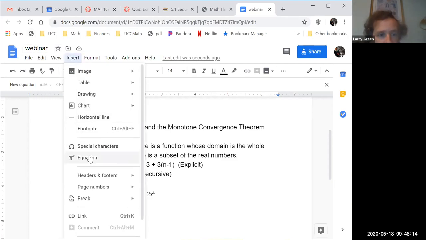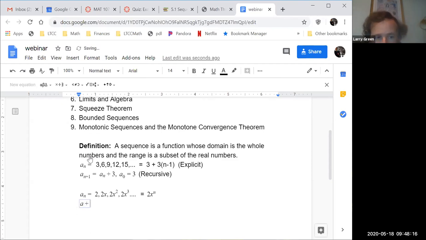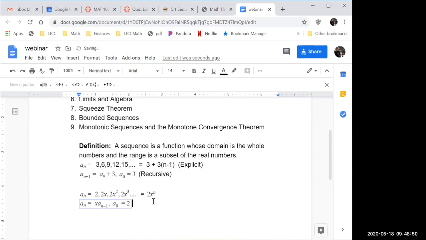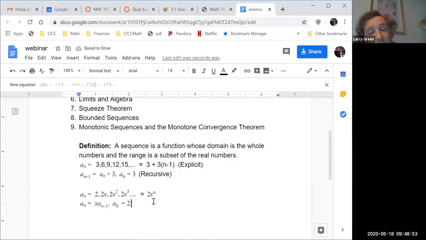We can say that a sub n is equal to x times a sub n minus 1, with a naught equal to 2. So again, explicit and recursive.